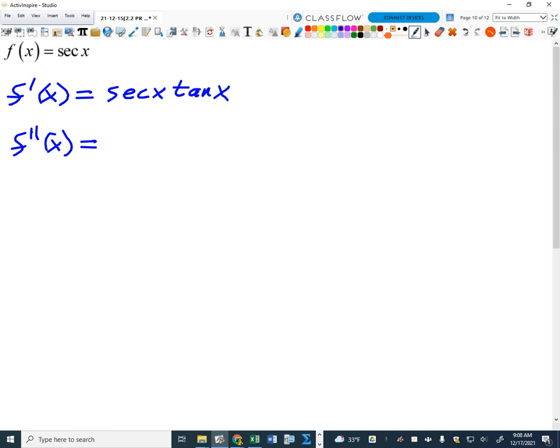Cahill, what am I going to get for the second derivative? Would it be secant cubed x and tan x? Okay, so good. We're going to get secant x times the derivative of tangent x, which is secant squared x, plus, keep going, secant x tan x times... There's more.